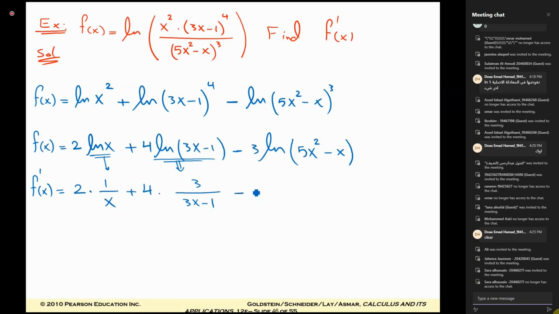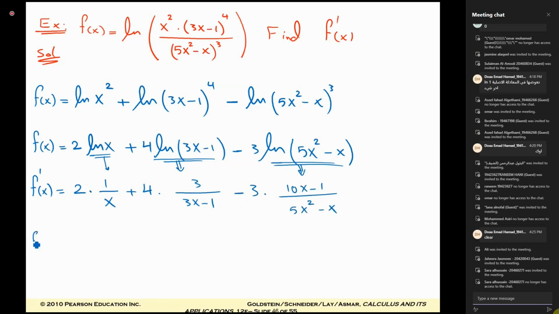Minus 3 multiplied by the derivative of ln (5x squared minus x), which is (10x minus 1) over (5x squared minus x), like this.